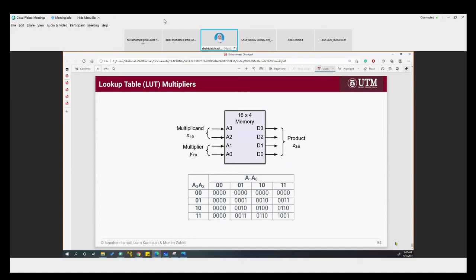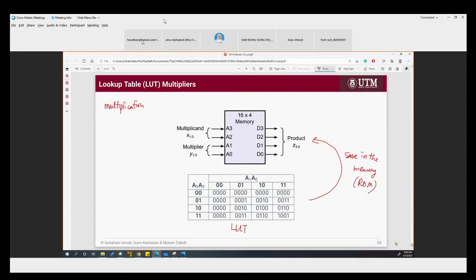So we can also do multiplication with a lookup table. The lookup table is saved in memory, which could be the ROM.